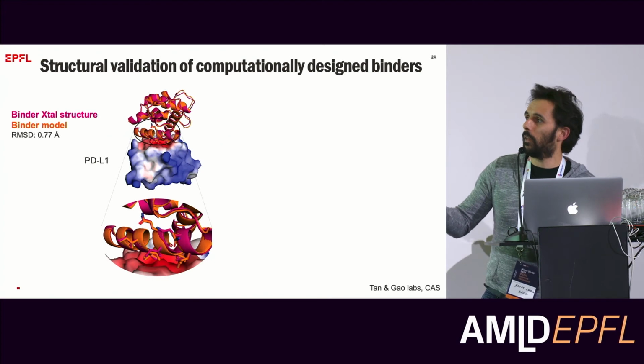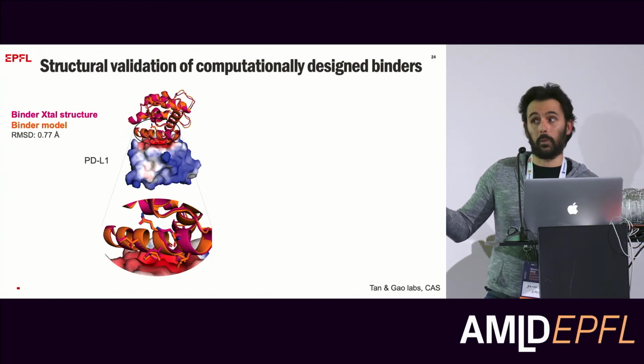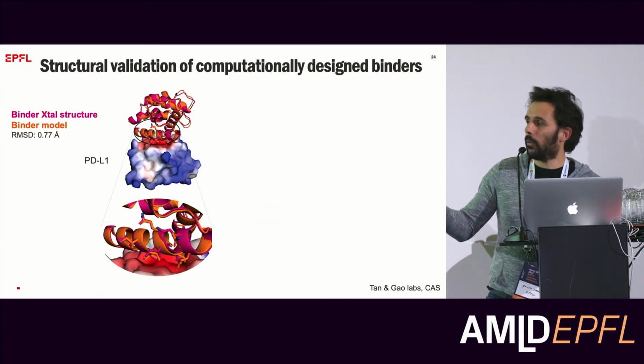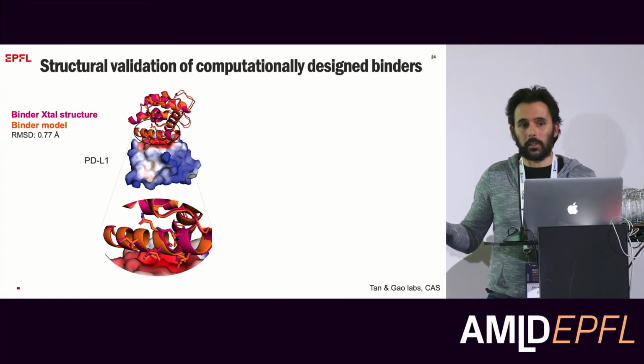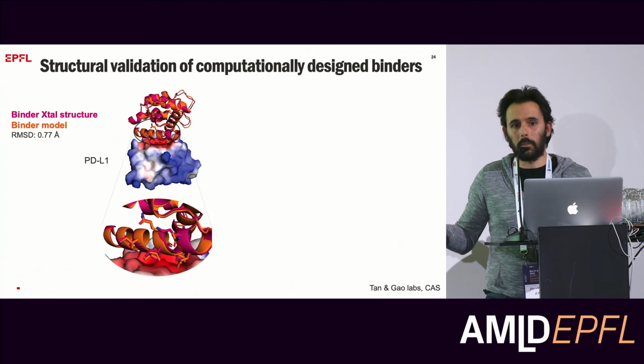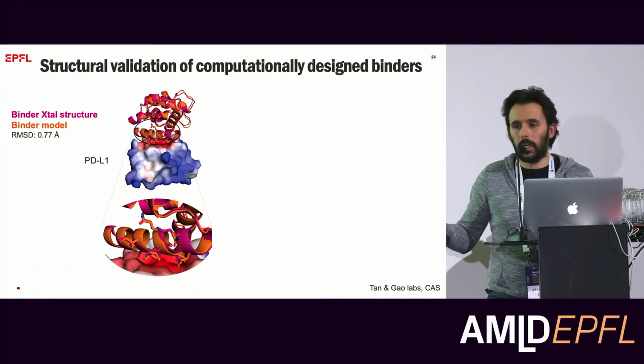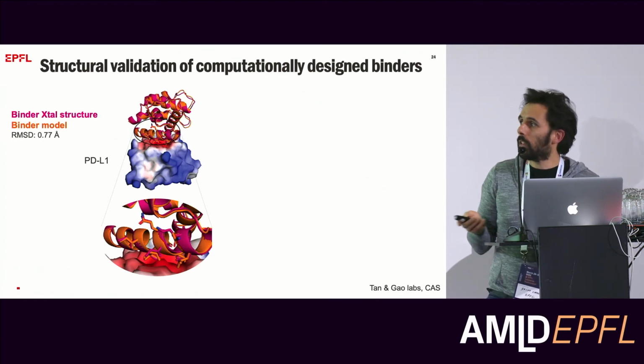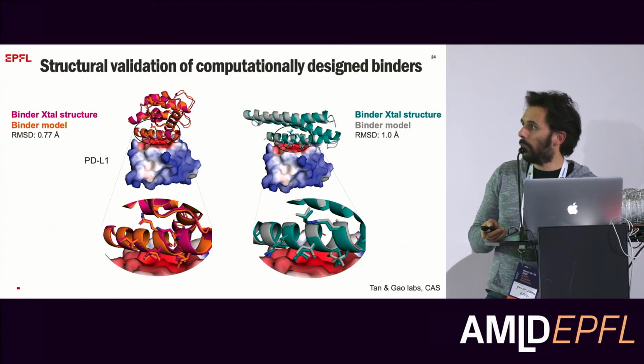You have a crystal structure which was solved in the lab, so the real structure, and the model that we had generated using all these massive fingerprints together with all the rest of the strategies that we have. What you can see is that when the atoms of your model superimpose with the real structure, you call this a success, because in fact you predicted the binding mode of your newly designed protein. We did this once, and then we also showed it in a different case.